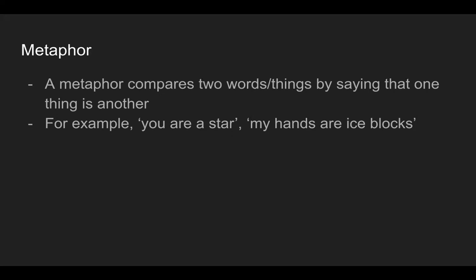Now, when a writer uses a metaphor, they may be playing upon all these different connotations. Or in everyday speech, if you are told, you are a star, that's pulling upon the idea of the star as something special or brilliant. So that's something to bear in mind.